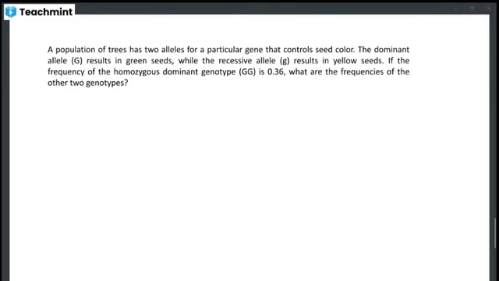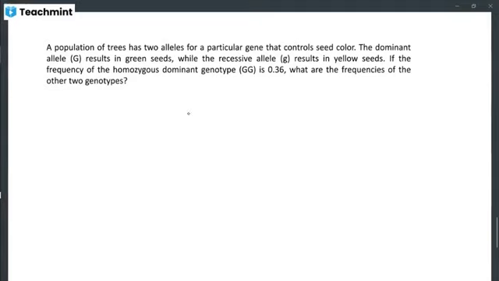Now explain to me how you got these 0.16 and 0.48. And someone told 0.64. How would you conclude that it is 0.64?